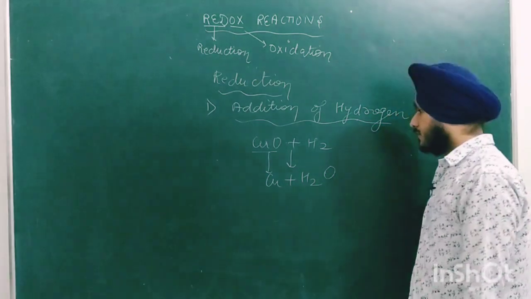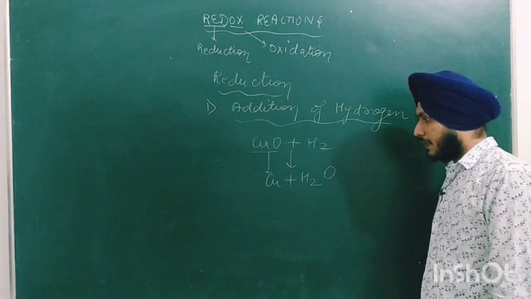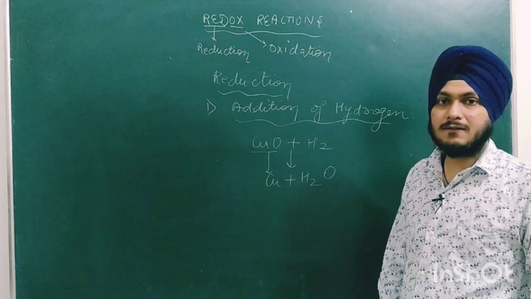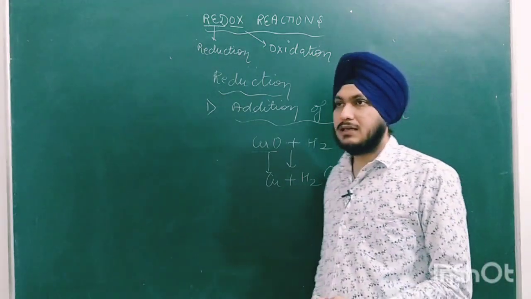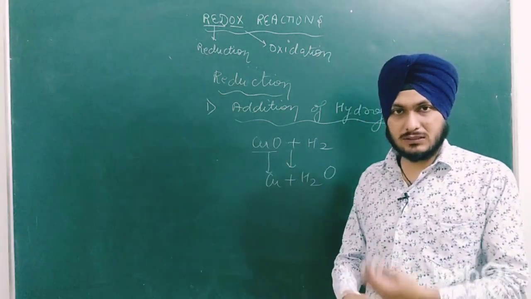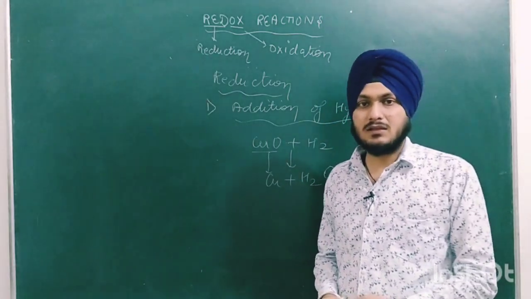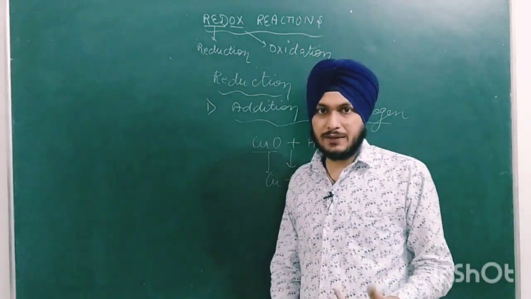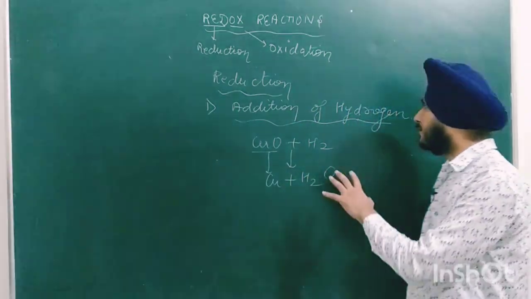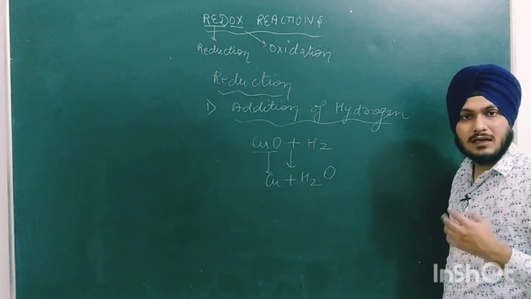For example, if we have some other example like addition of hydrogen to oxygen, this is also an example of addition of hydrogen. There are a lot of examples related to the addition of hydrogen.